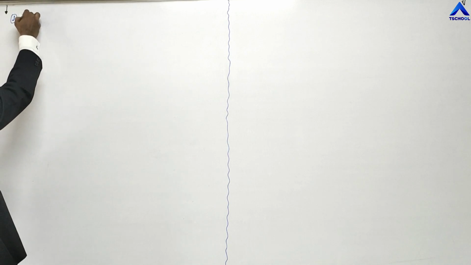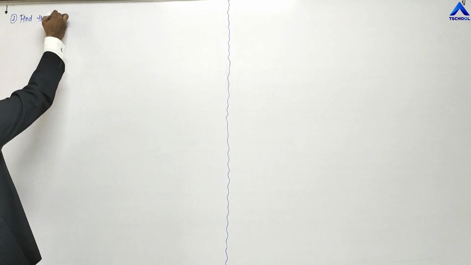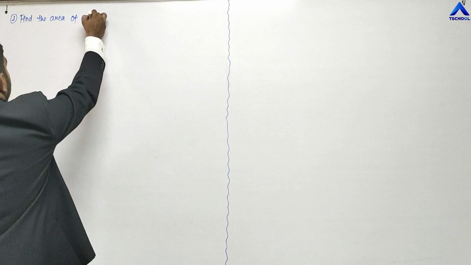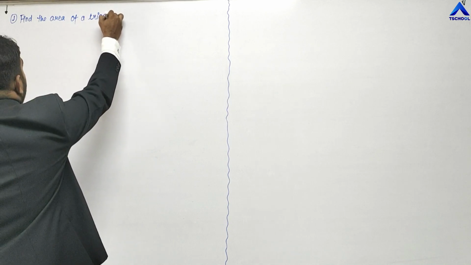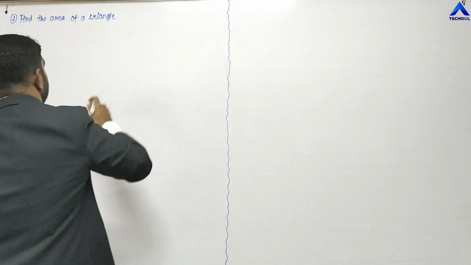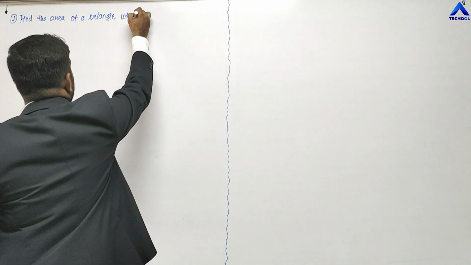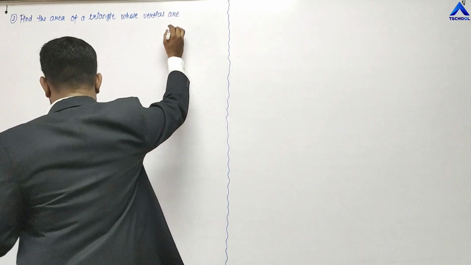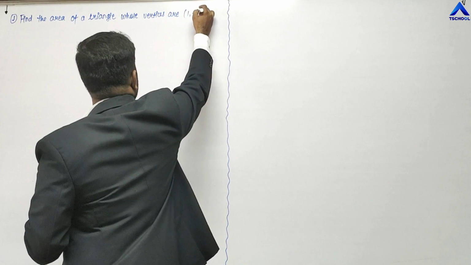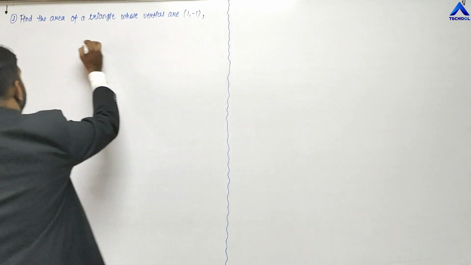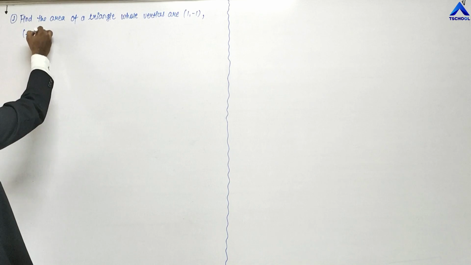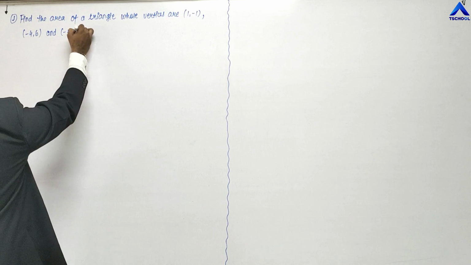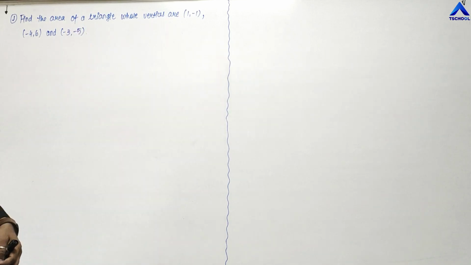Find the area of a triangle whose vertices are (1, -1), (-4, 6) and (-3, -5).